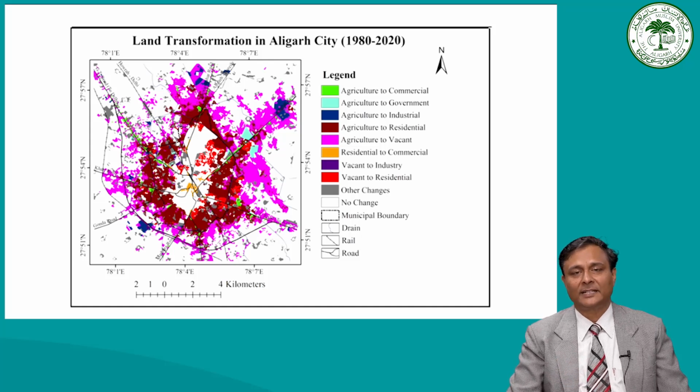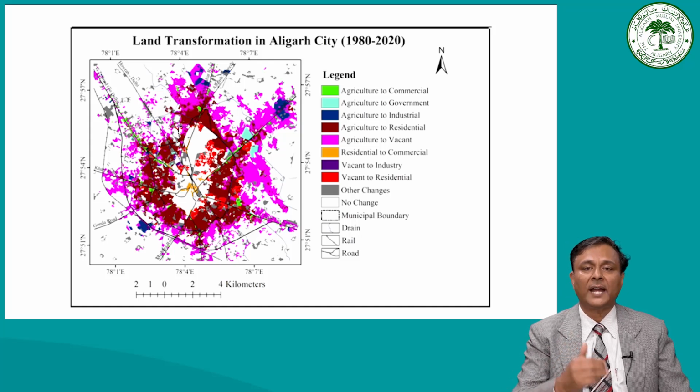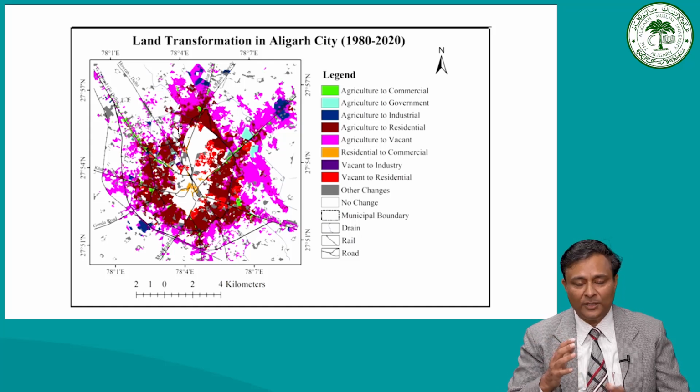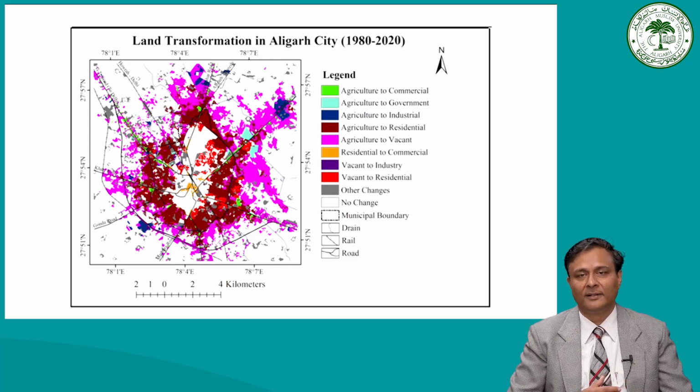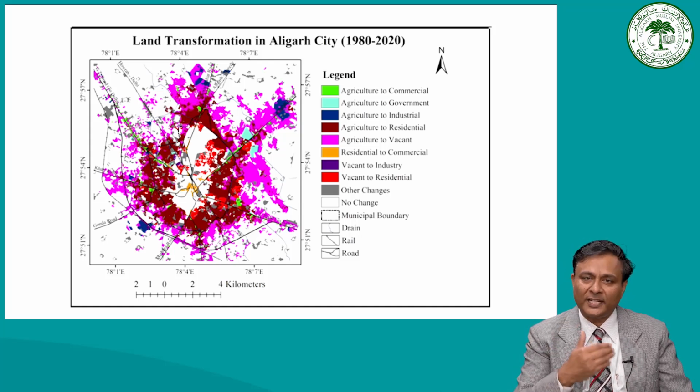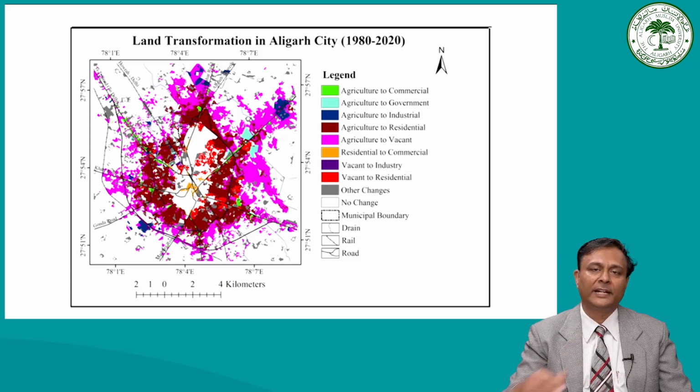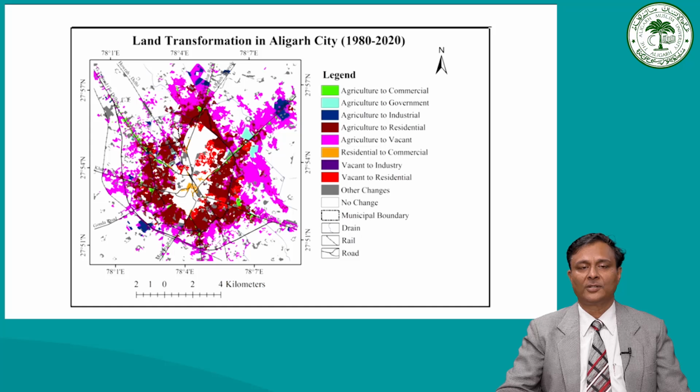And I would say that all three images which I have shown you will give you some good idea, some good insight into the trend and pattern and the kind of transformation, the kind of changes which are happening. And specifically, we know the exact location where a specific kind of trend, pattern or change is being observed. So that is the advantage of spatial information when we use different data.